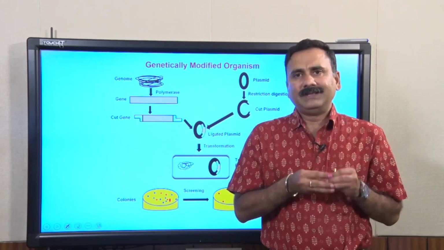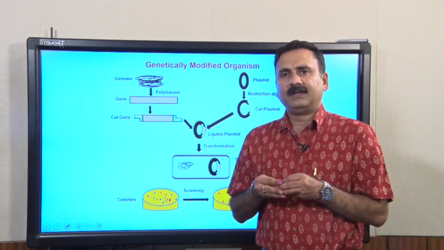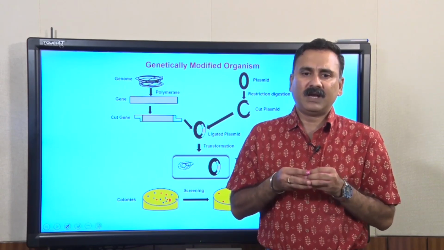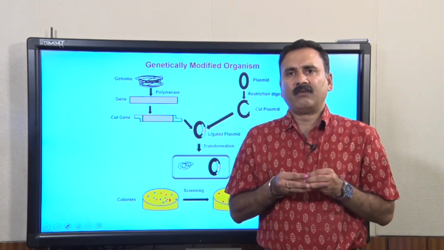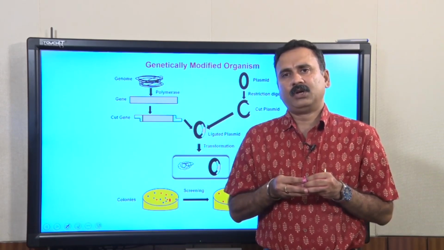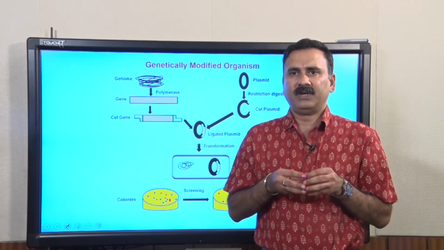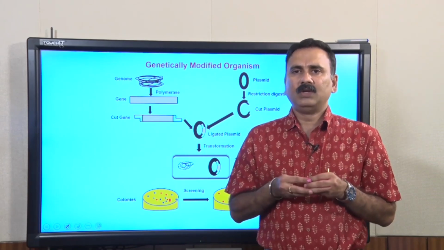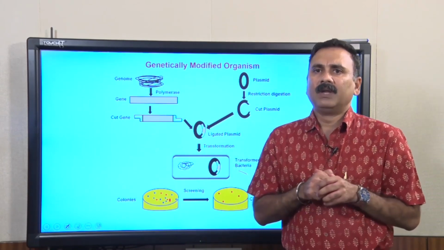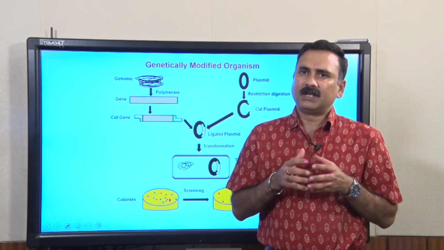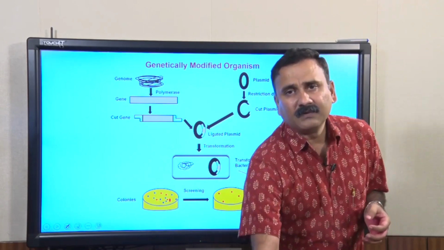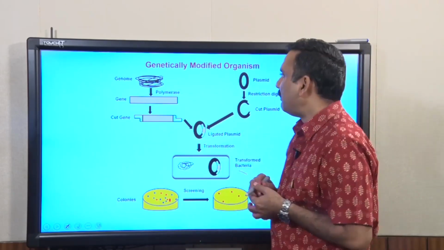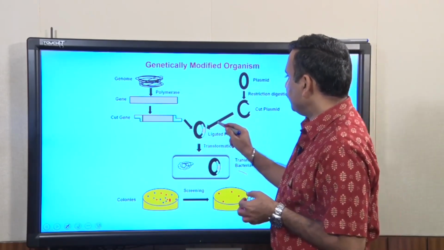Following that, we were also discussing the different genetic tools available to perform recombinant DNA technology. In this context, today we are going to discuss the vector or the transforming agents.